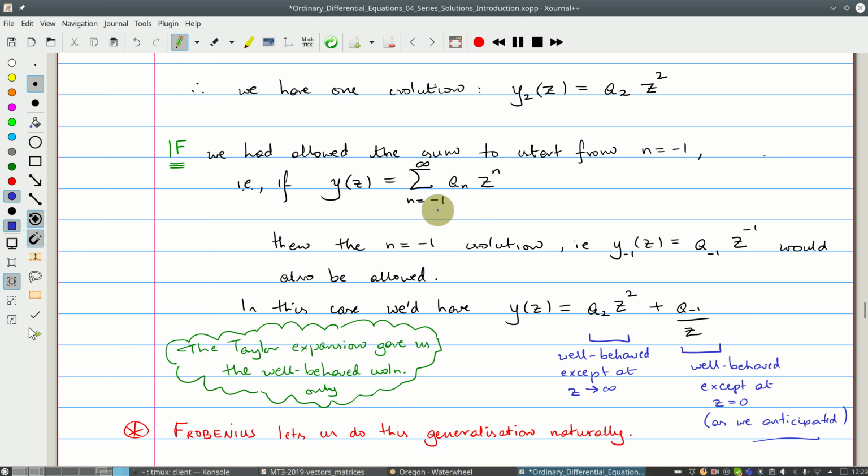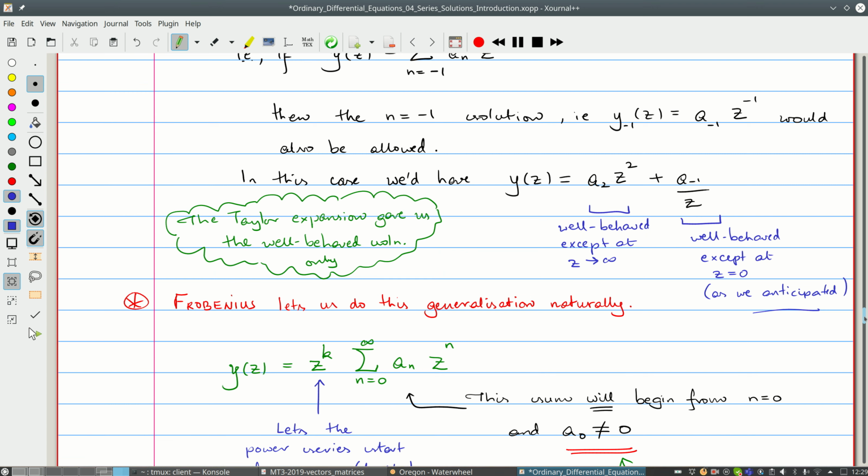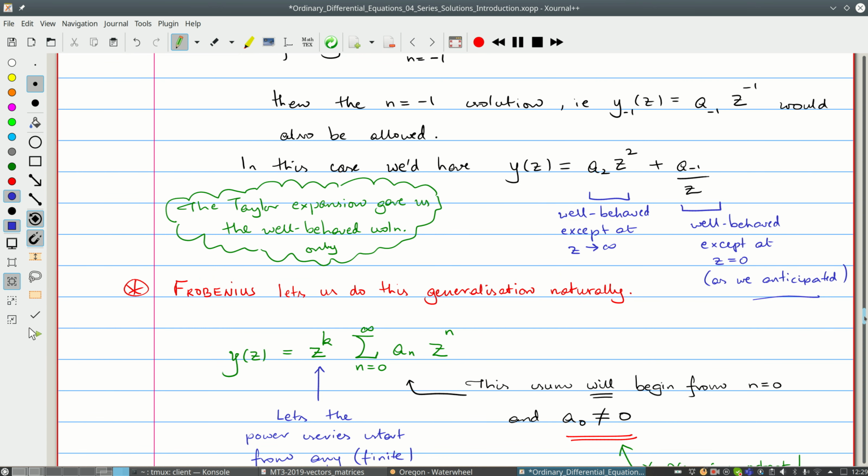And therefore, with this generalization, we would have had two solutions as expected for a second order ODE: a2 times z squared plus a minus 1 divided by z. One of these solutions is singular.